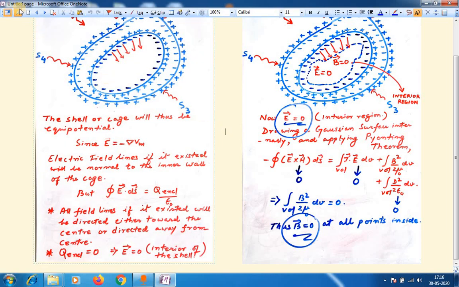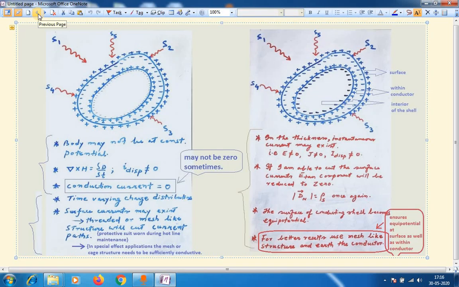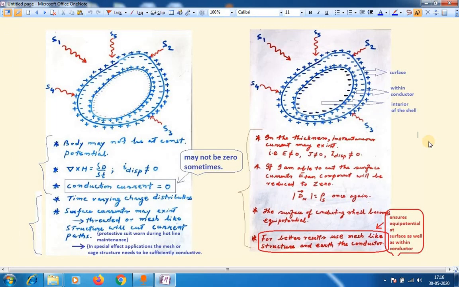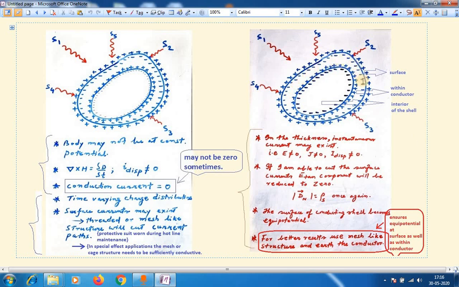Now the thing is, we have to prove this fact that the electromagnetic field inside the hollow conductor is zero in the case of time varying fields. For electrostatics, we have already proved that the electric field is zero, but we have to do this also for the time varying case. Now, as I have said, in the thickness region we may have currents, definitely, because it's a time varying case.